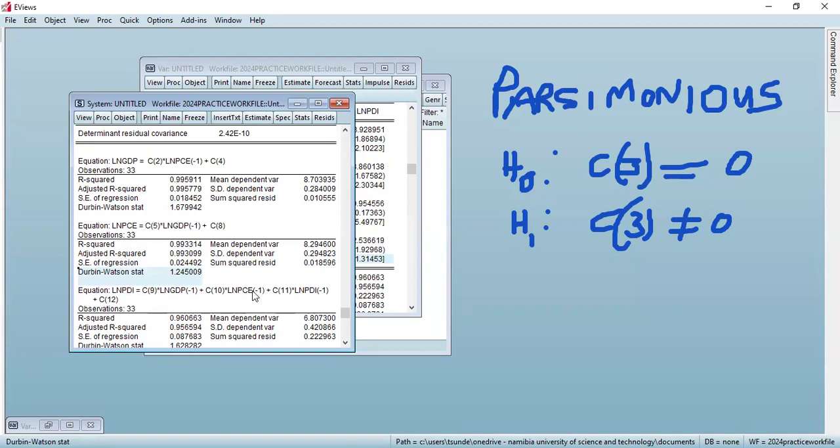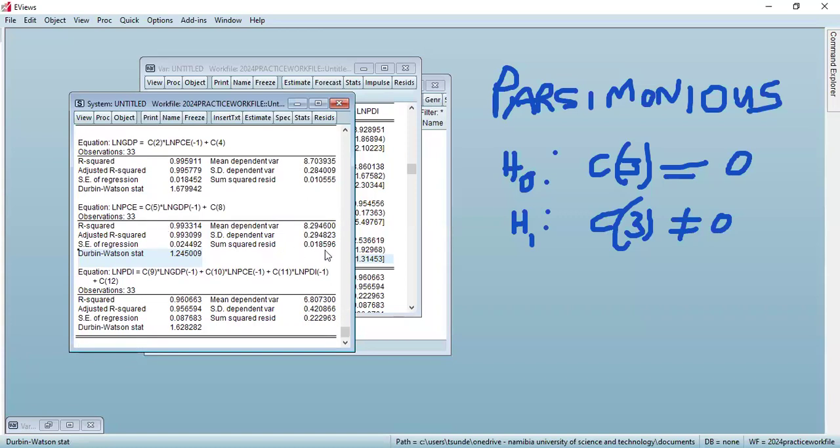We had PCE1 and PCE2, both explaining PDI. I'm sure that is what is causing that autocorrelation. So maybe if we add that second lag of PCE, then it would actually help to resolve the autocorrelation problem that we are seeing there. Okay? So this is how you do it.